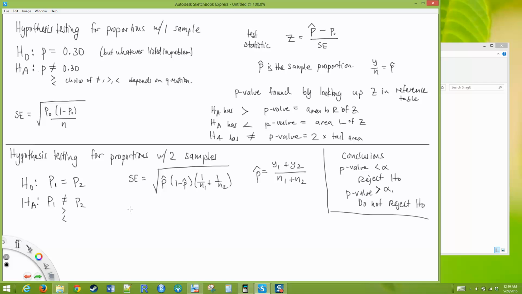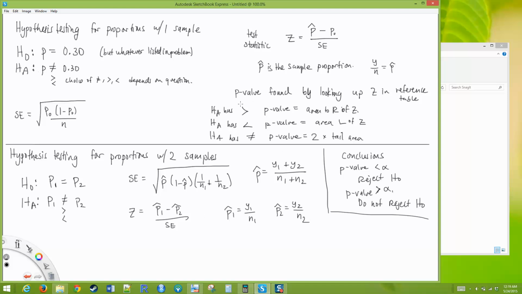Your test statistic z is going to be p hat 1 minus p hat 2 divided by the standard error. And p hat 1, of course, is y1 over n1, and p hat 2 is y2 over n2.